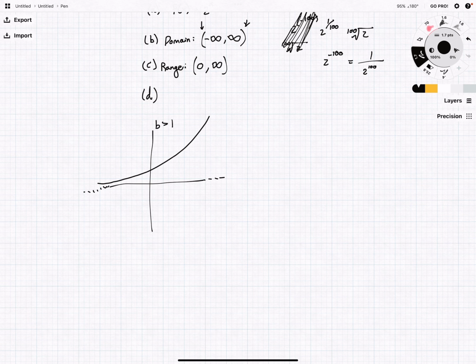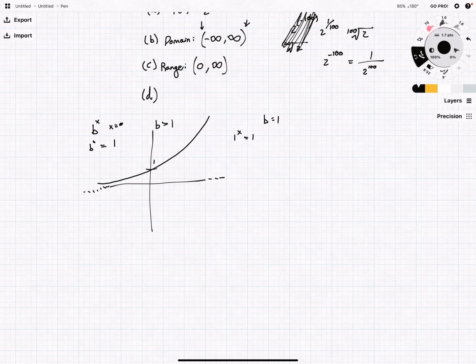The graph will cross the point (0, 1), because if we have b to the x where x equals 0, that gives us b to the 0, and anything to the 0 power equals 1.